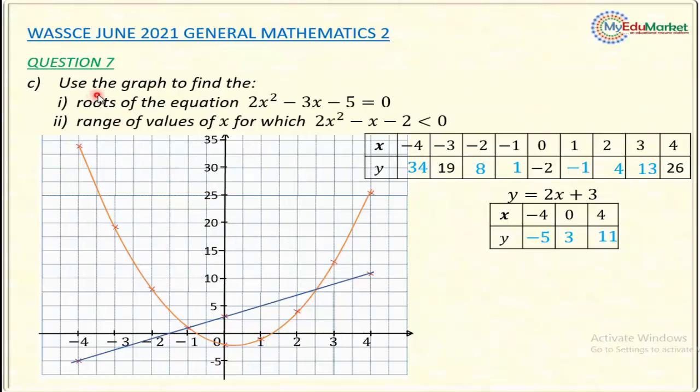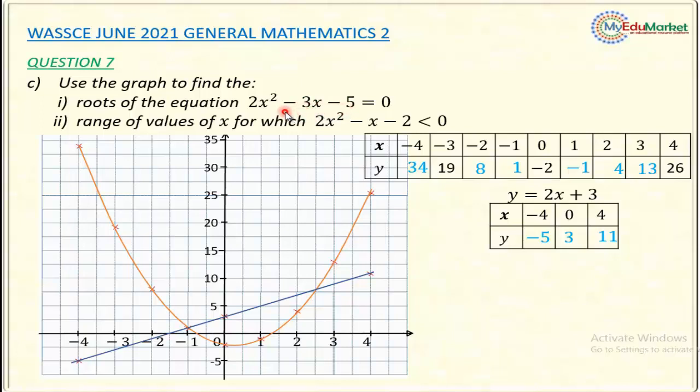The last question says I should use the graph to find the roots of the equation 2x squared minus 3x minus 5 equals 0. So let me attempt to find these roots. What you need to do is to check, is this exactly the quadratic that you have drawn? If yes, go ahead and find the roots.